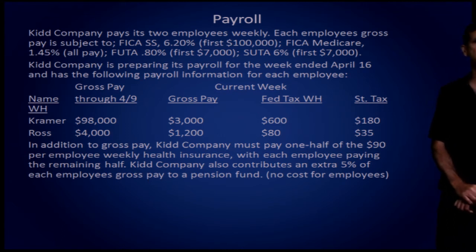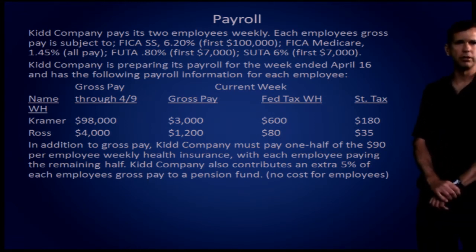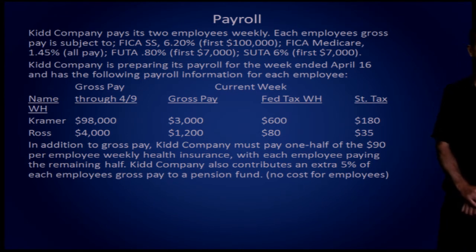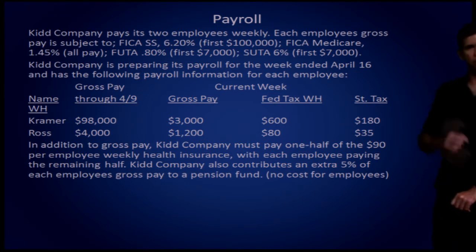In addition to gross pay, Kid Company must pay 1/2 of the $90 per employee weekly health insurance, with each employee paying the remaining half. Kid Company also contributes an extra 5% of each employee's gross pay to a pension fund. No cost for the employees of the pension fund.